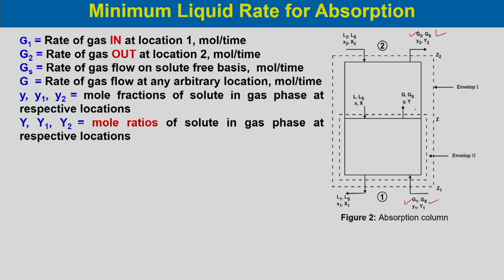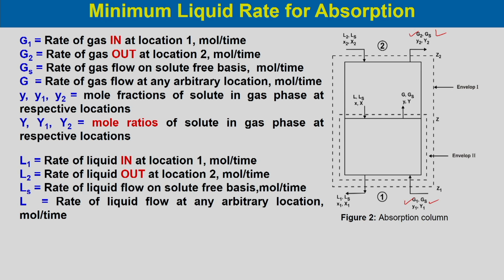Small y1, y and y2 are the mole fractions of the solute in the gas phase at respective locations. Capital Y, capital Y1 and capital Y2 are the mole ratios of the solute in gas phase at respective locations. This nomenclature we have already discussed in our previous modules.